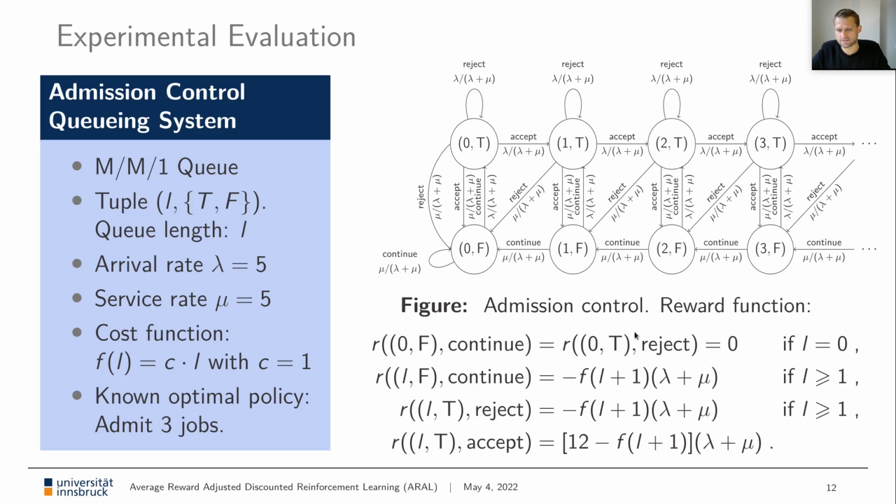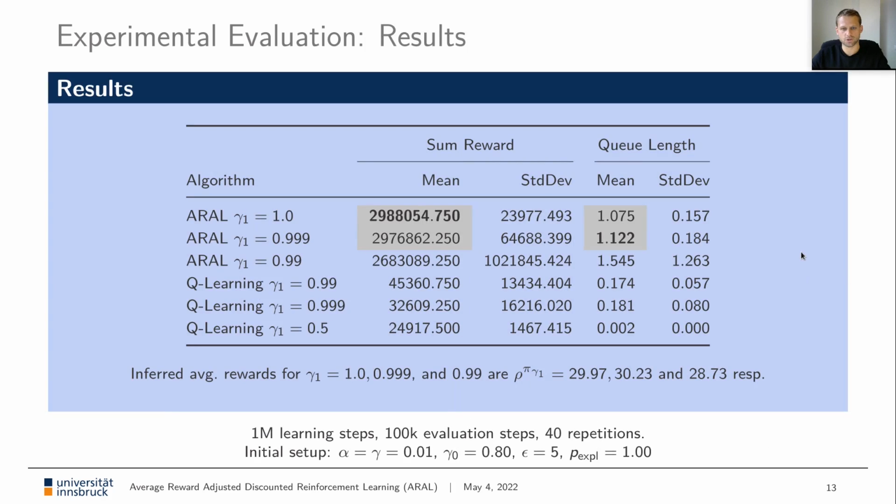The two rates that we have, arrival rate lambda and service rate mu, are both 5. We have them here in the reward function, as this is an artifact from the transition from a continuous problem to a periodic MDP problem. There is a known optimal policy, which is to admit 3 jobs.